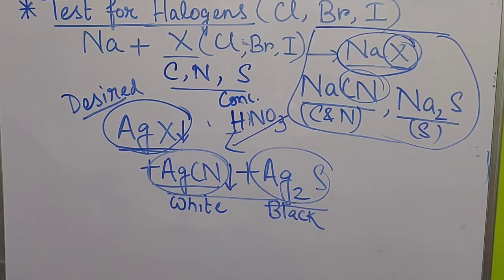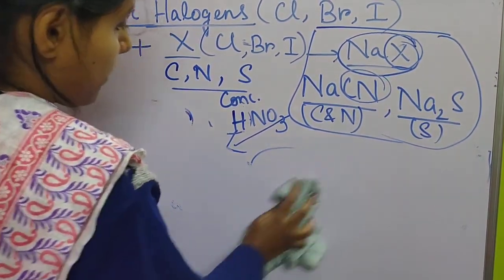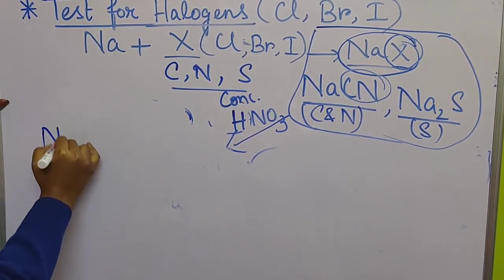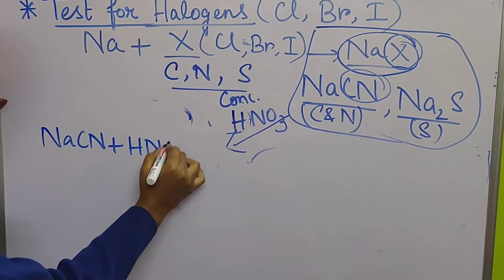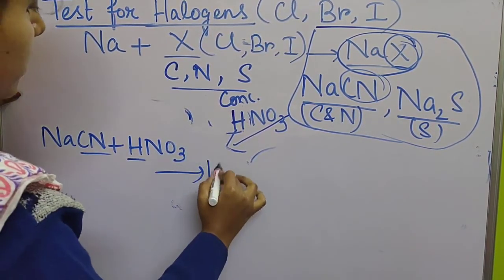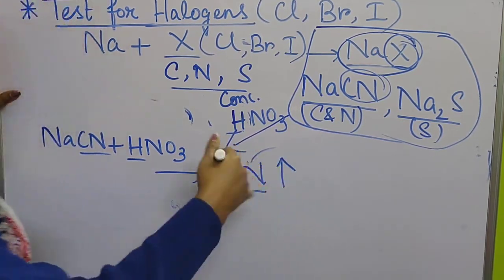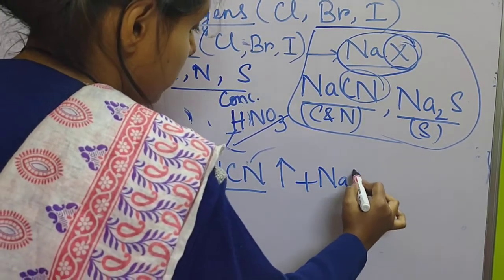So what will happen now? If sodium cyanide is present, it will react with HNO3 and form hydrogen cyanide, which will be eliminated in the form of gas, plus NaNO3.